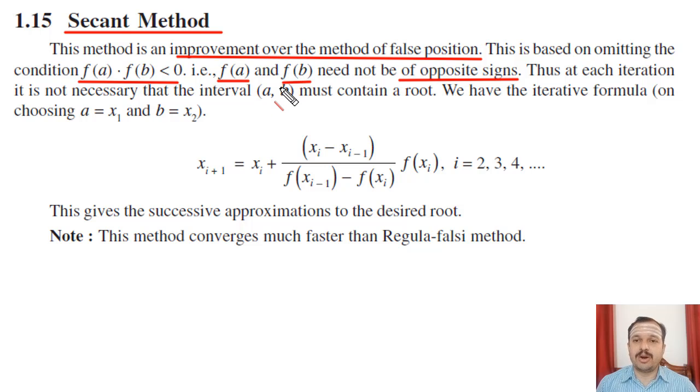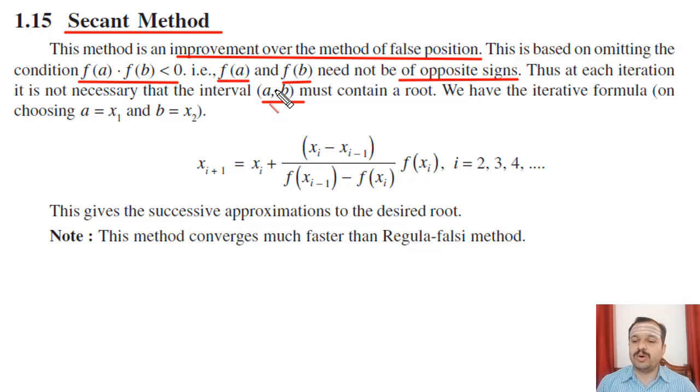We need not check f(a) into f(b) less than 0 as far as the secant method is concerned. Thus, at each iteration, it is not necessary that the interval a to b must contain a root. We are not going to check whether the root lies in this interval or not.